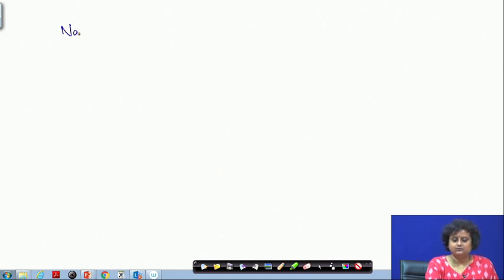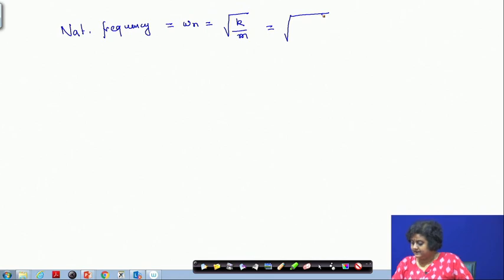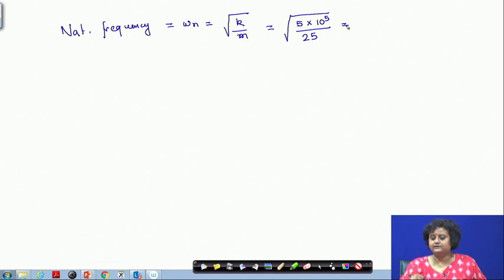So, the natural frequency is omega n, which is root over k by m. We have seen that k is 5 into 10 to the power 5 Newton per meter and the mass is 25 kg. If we evaluate this, we are going to get 141.42 radian per second.